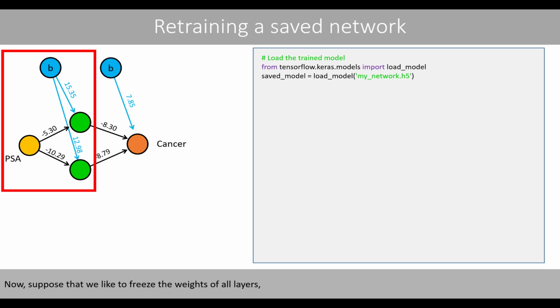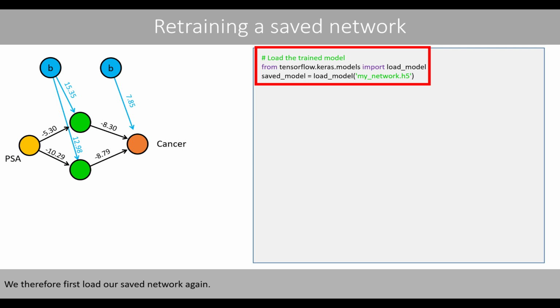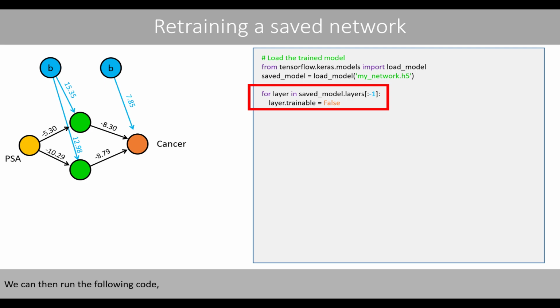Now, suppose that we would like to freeze the weights of all layers except for the weights associated to the output layer. We therefore first load our saved network again. We can then run the following code, where we set all trainable layers to false, except the last layer.